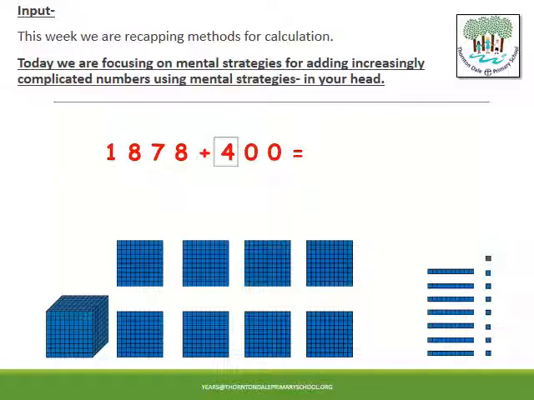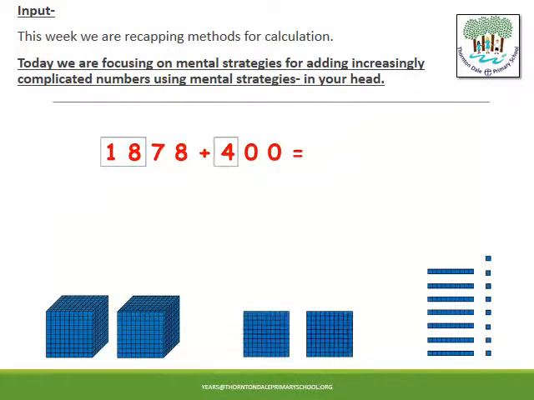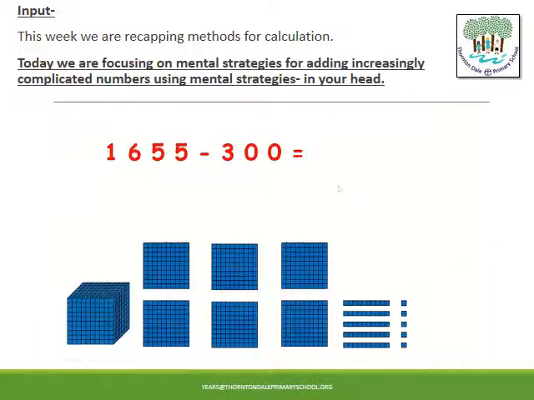So instead of thinking it as 800, if we think about it as 1800, so we're adding another 400, 100, 200, 300, 400. So we added 400 there. So we've got 2200s now in total. We've got 2200s, and then the 78 hasn't changed because we've got zeros.